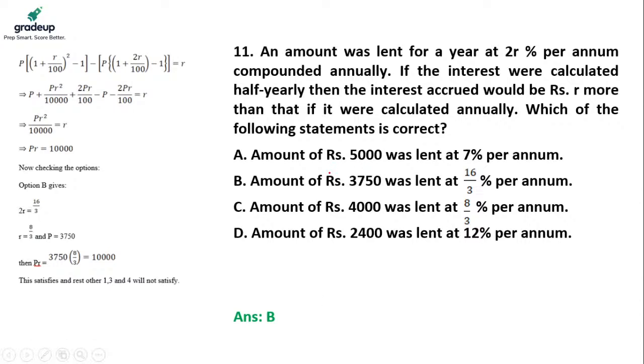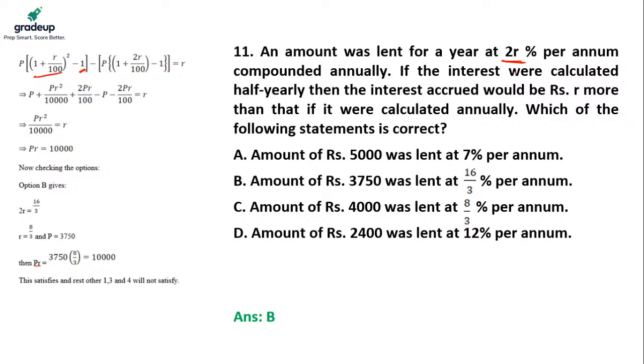What is the formula for compound interest? The amount is P times (1 plus R upon 100) whole squared; if I subtract the principal, we get the interest. Now the total interest rate was 2R percent.